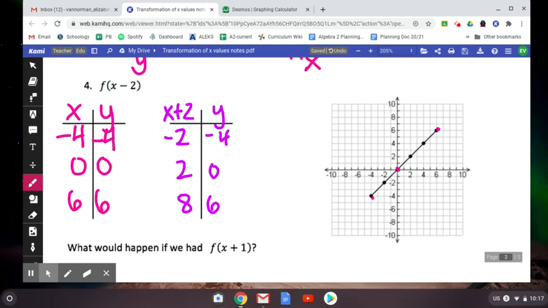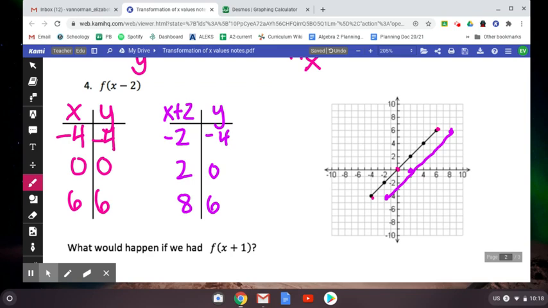Let's go ahead and graph this. I have the point (-2, -4), the point (2, 0), and the point (8, 6). Once I have those graphed, I can finish my picture. And notice that it looks exactly the same as my original. All of my points are just shifted over to the right 2.